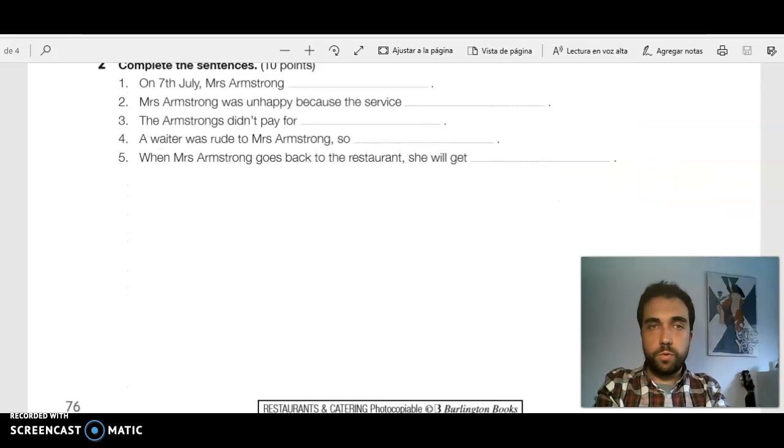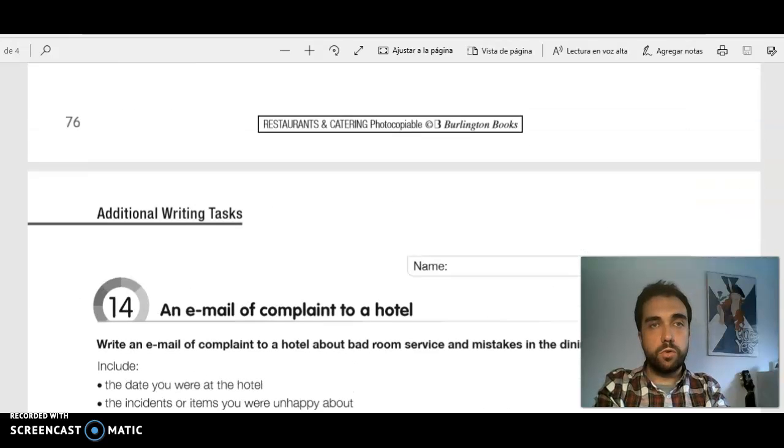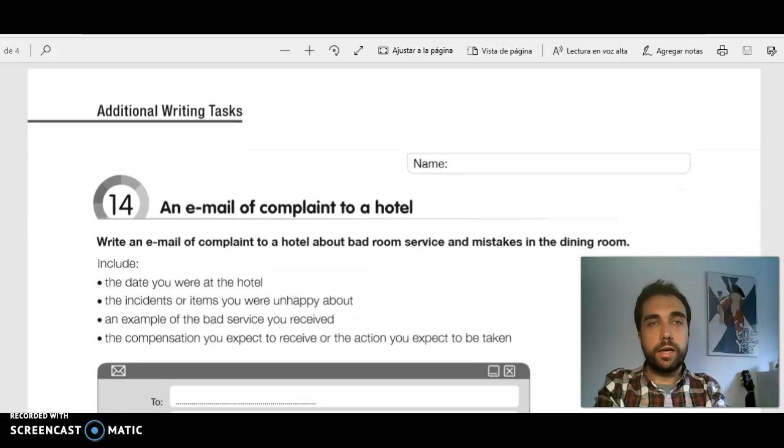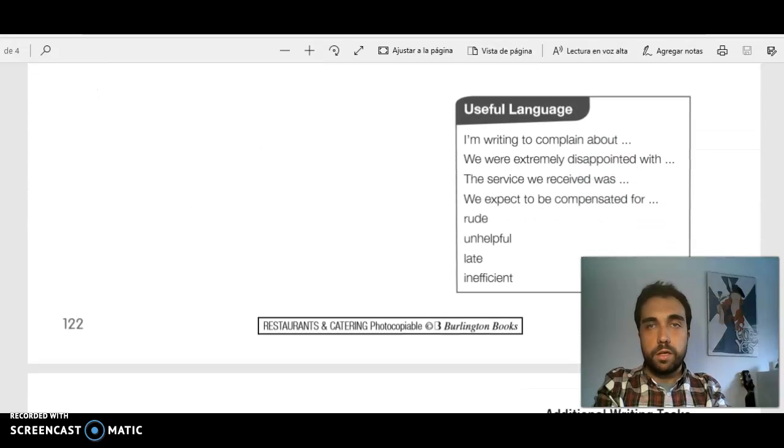Let's see this useful language that we can use. When we are writing a complaint email, remember this useful language: I am writing to complain about, we were extremely disappointed with, the service we received was, we expect to be compensated for. And vocabulary like rude, unhelpful, late, inefficient. Some vocabulary to complain about something.